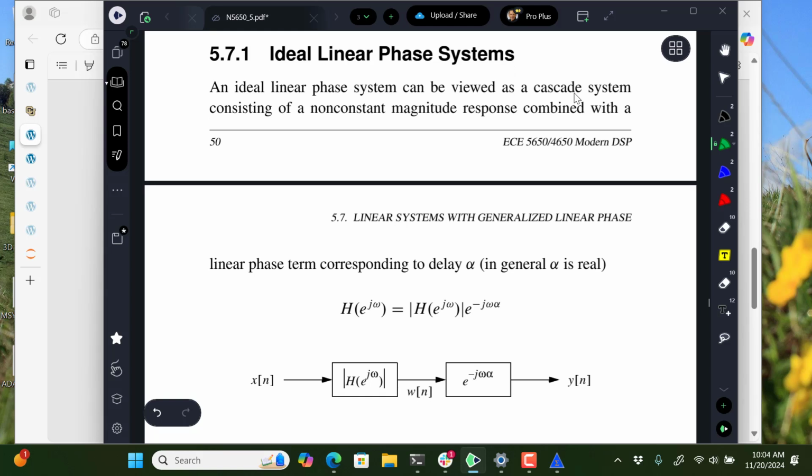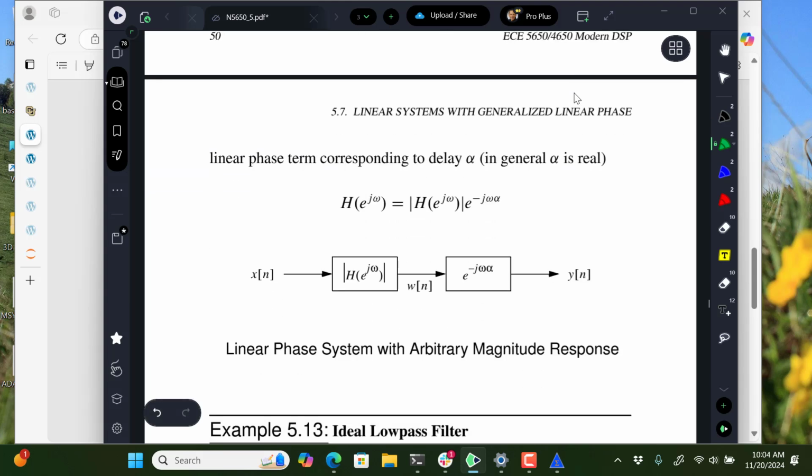So the last thing I have to do is linear phase systems. And there's a lot of build-up to this. But it starts off by saying all we really want to make our filtering life easy is to have a filter that introduces at most linear phase.